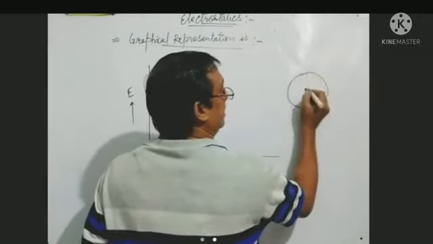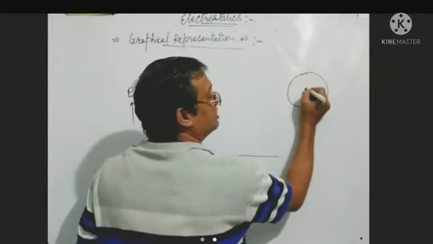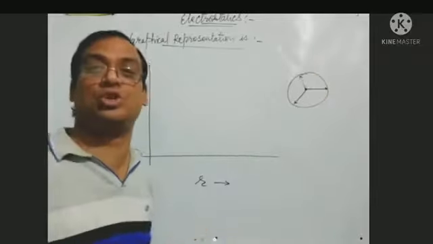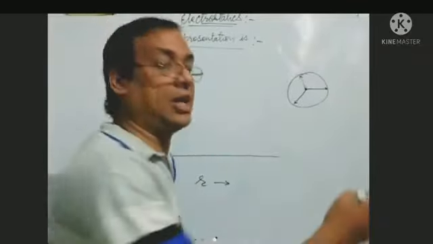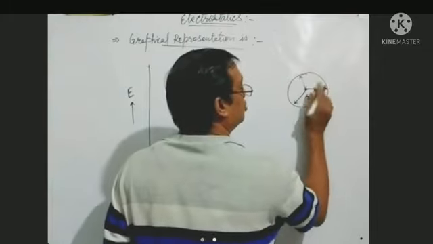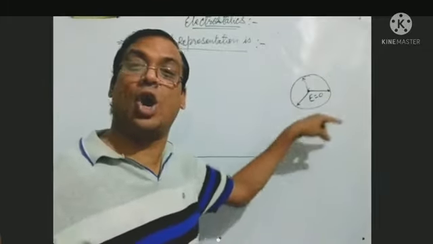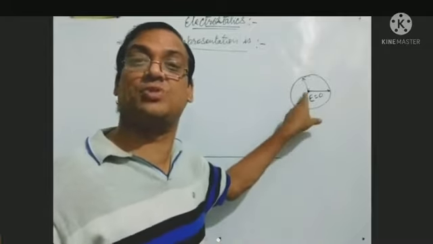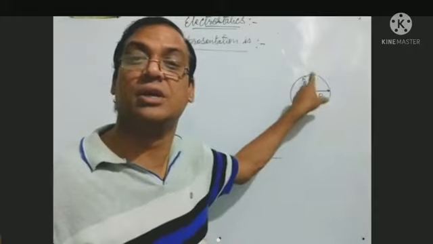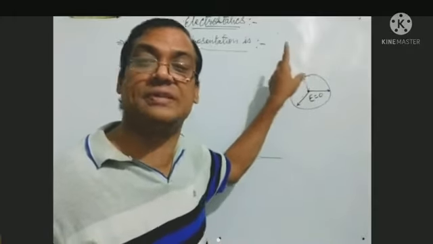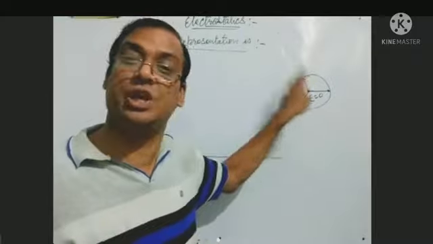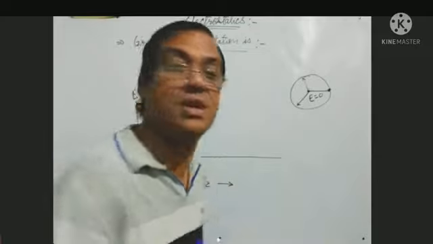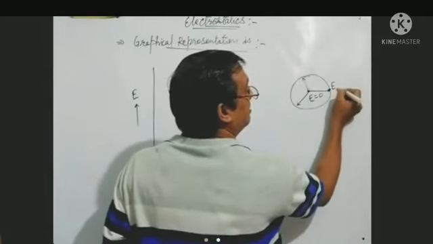Inside the body, from the center to any point till it reaches the surface, its electric field will remain the same, equal to 0. If we take a hollow body, there is no electric field inside. That's why from the center to any point before the surface, electric field will be 0 only. As soon as it reaches the surface, its electric field will be maximum.